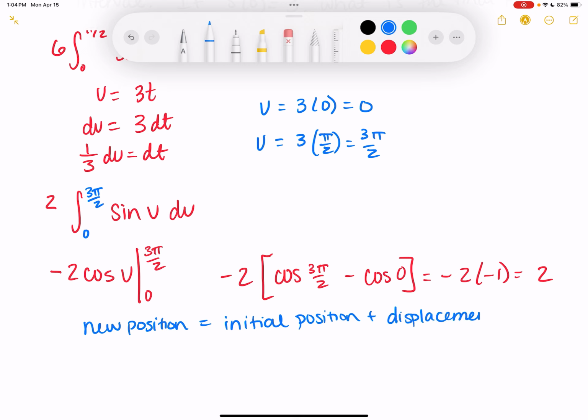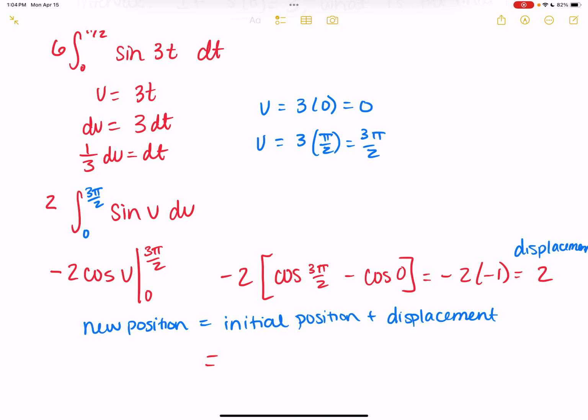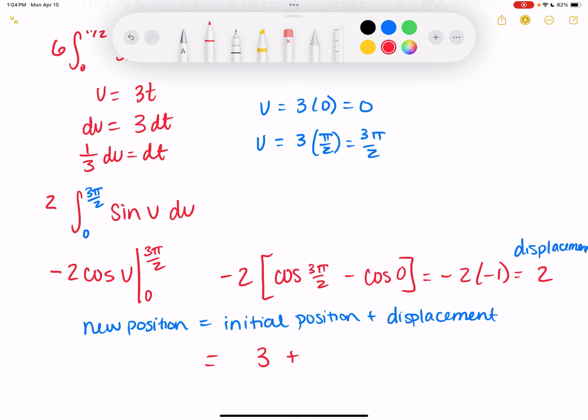So this value here is the displacement. So this is equal to 3 plus 2. So my new position is 5. And that's the answer to part B.